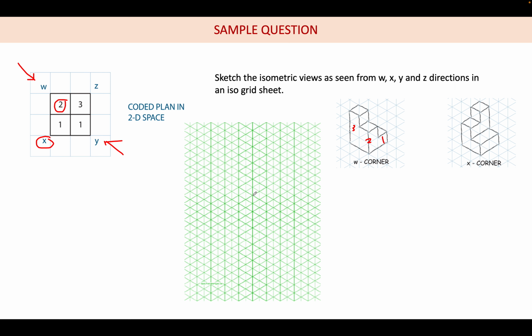So first I am going to draw 1. Since I am doing it freehand, it will be slightly off. Again here 1. Here I am going to dot 3.